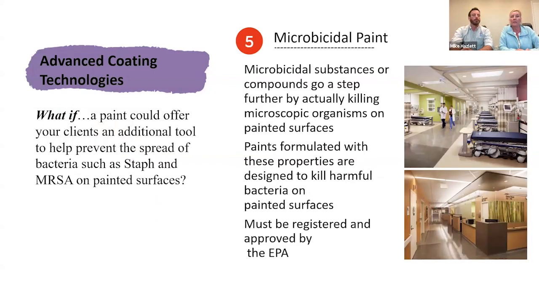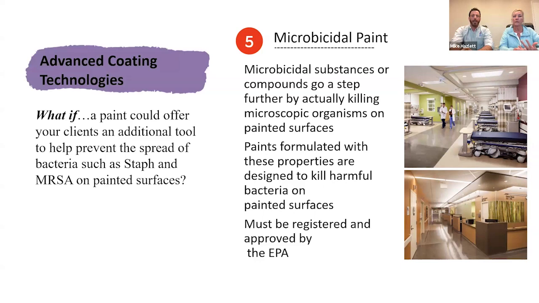And then what if a paint could offer your clients an additional tool to help prevent the spread of bacteria? So going back, we can sell this and put this in any kind of a hospital, doctor's office, veterinary offices. A lot of these paints help reduce the bacteria that can be harmful to us. Yeah, and it's important too. I've seen comparisons on different building specs.